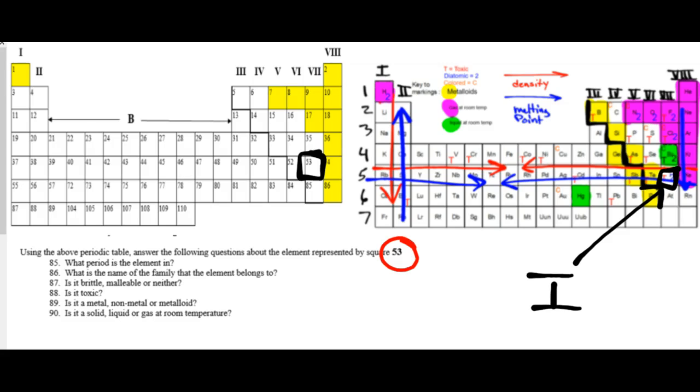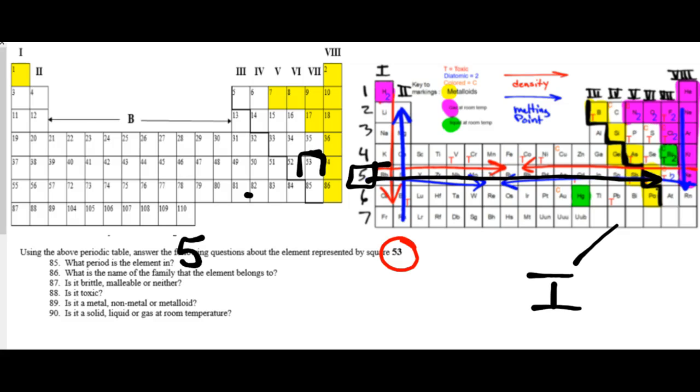So let me erase some stuff just so we can see it a little bit better, but let's go ahead and answer these questions. What period is the element in? Make sure you remember the periods are these horizontal rows. Iodine lives right there, so it is in period 5.